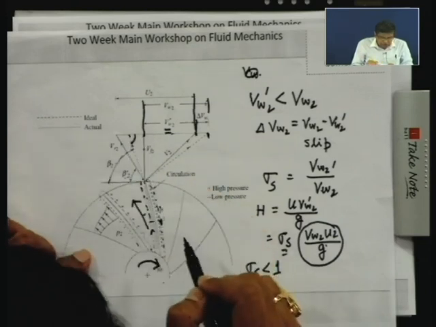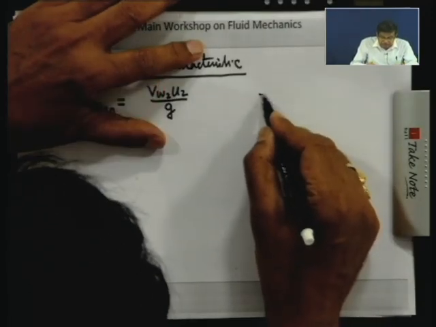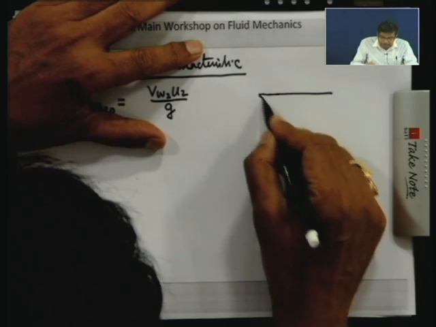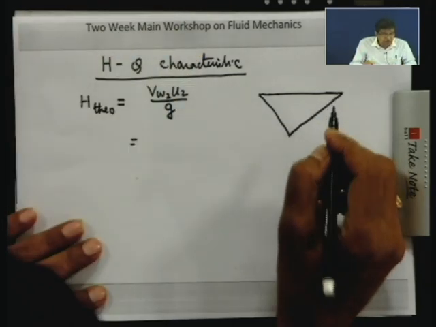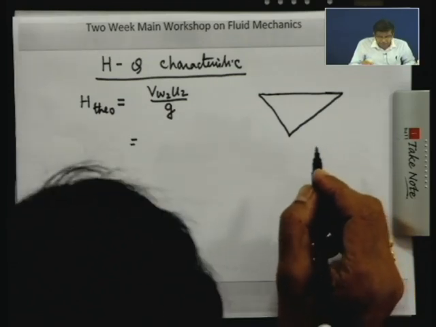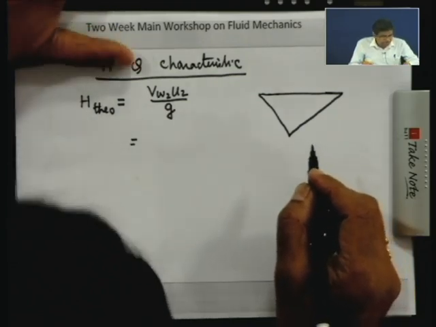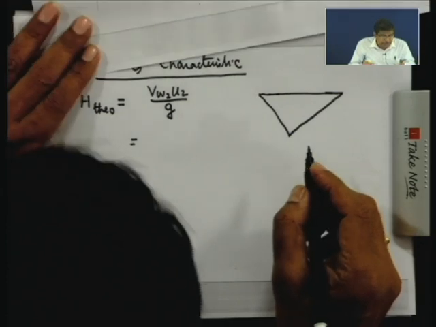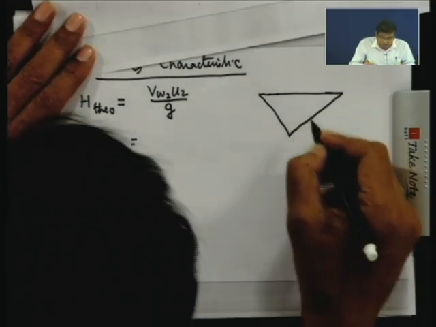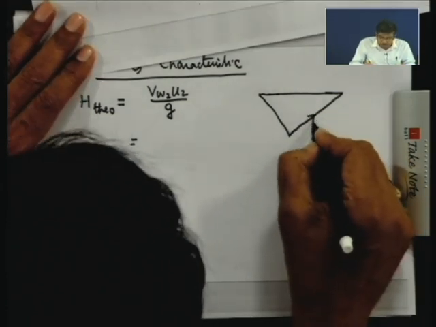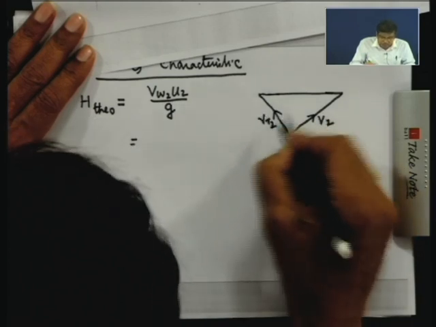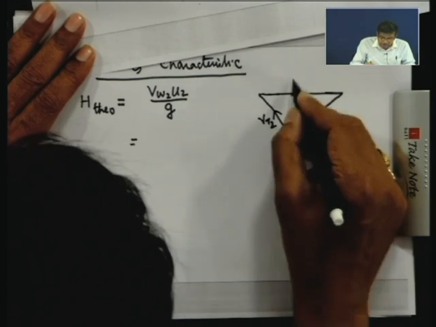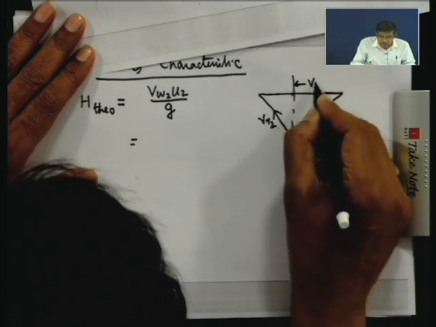So this is like this. If I draw the velocity diagram here, this is the ideal diagram. Then we see that this is V2, this is VR2 and this is VW2.